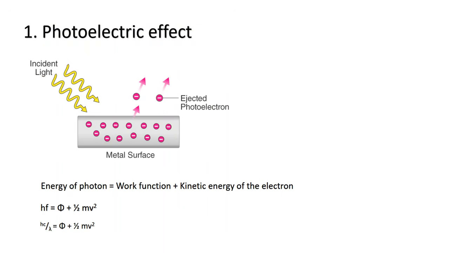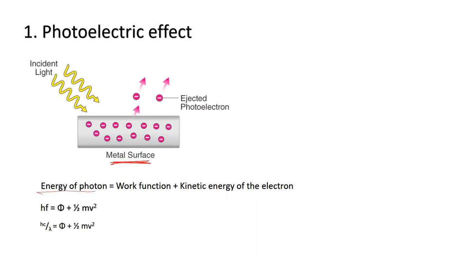What happens in photoelectric effect is light is incident on a metal surface, and from the energy of the light the electrons are ejected, and the most important equation in calculations would be energy of the photons is equal to work function plus kinetic energy of the electrons.